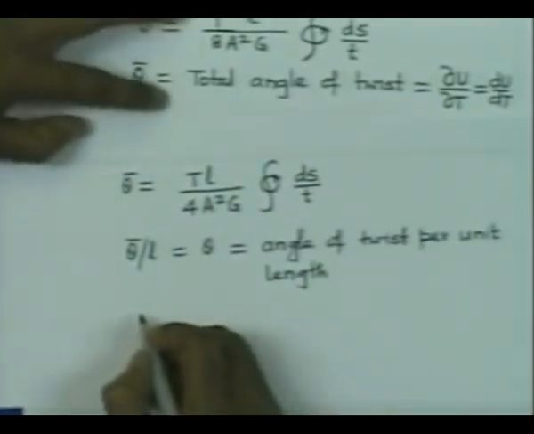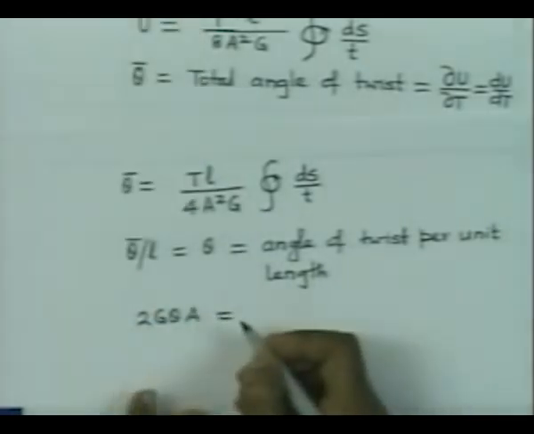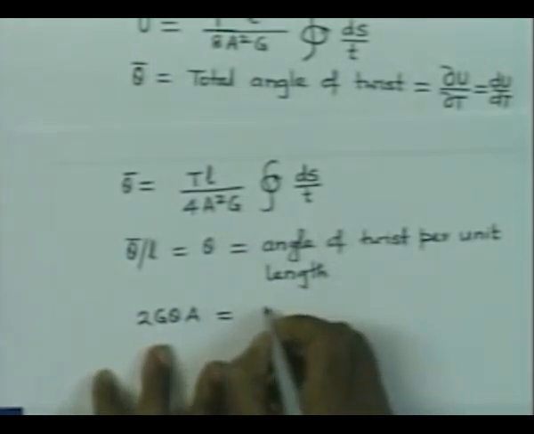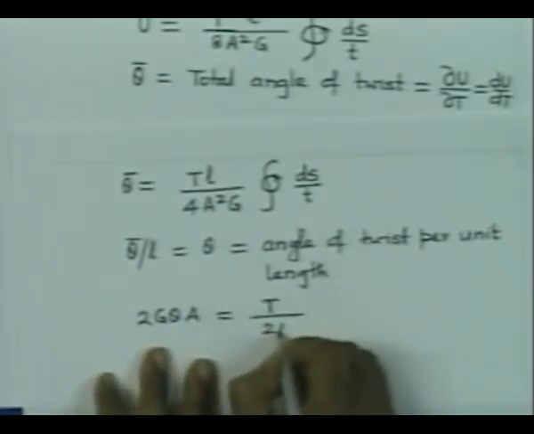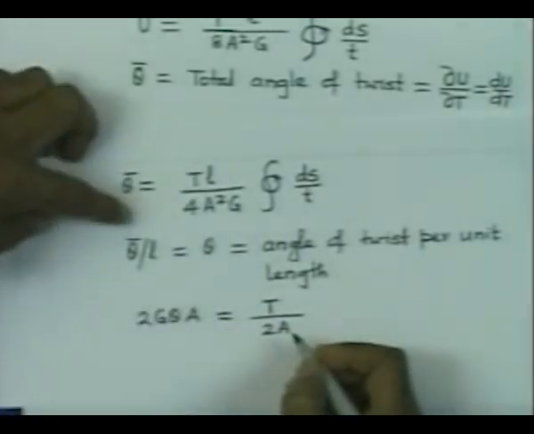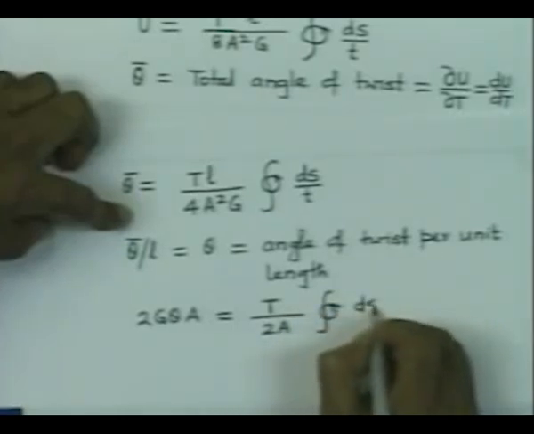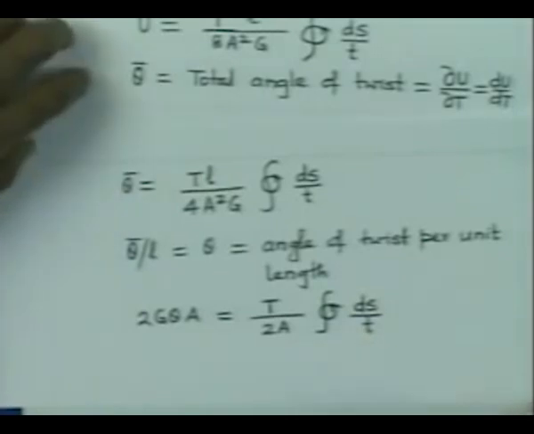So we now can write twice G theta into A is equal to T by 2A integration of this quantity over the closed contour.